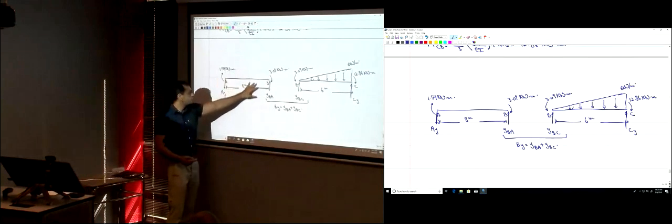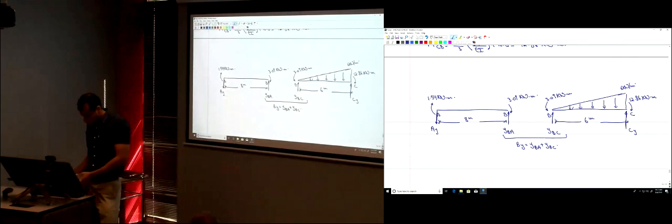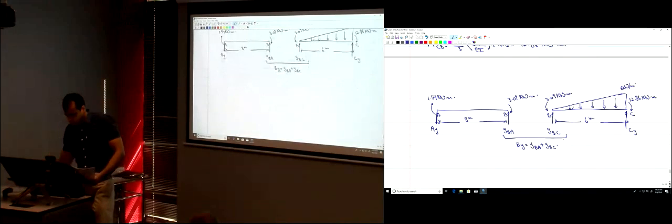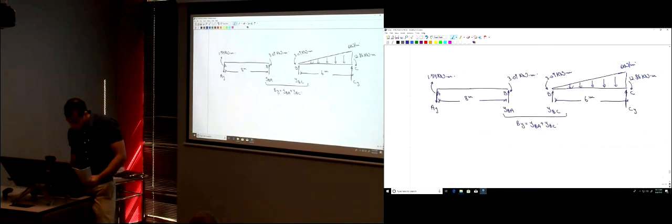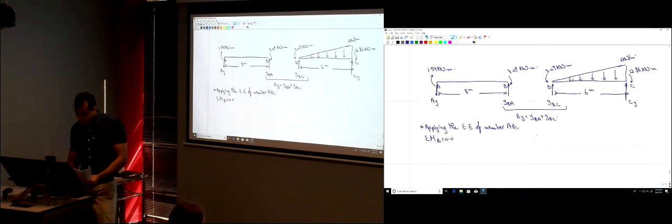For the equilibrium of member AB, let's take the summation of the moments about point B. Applying the equations of equilibrium of member AB, the summation of the moments about point B is equal to 0.